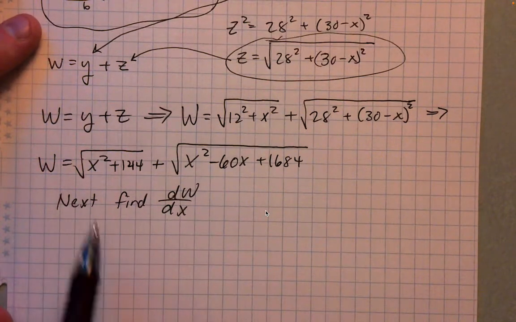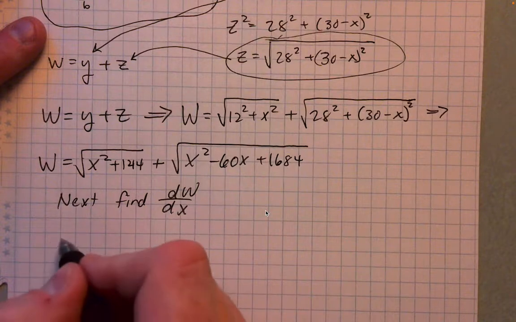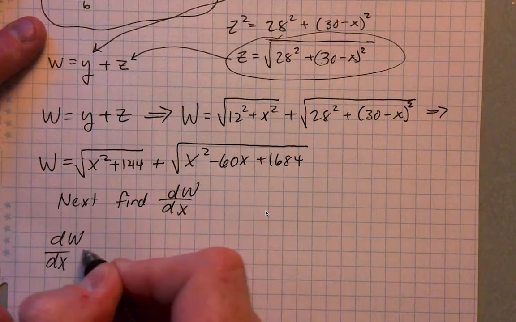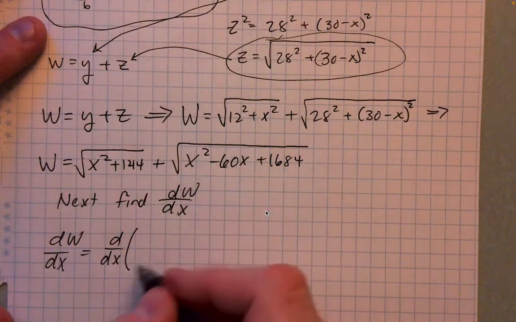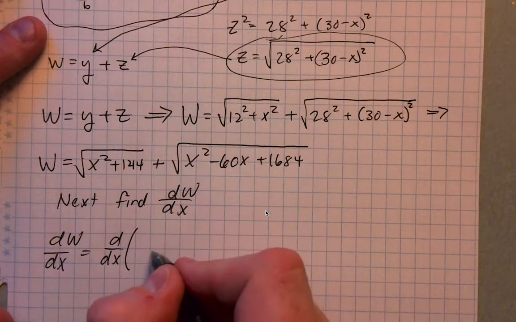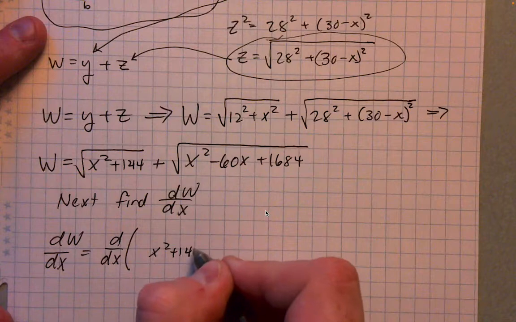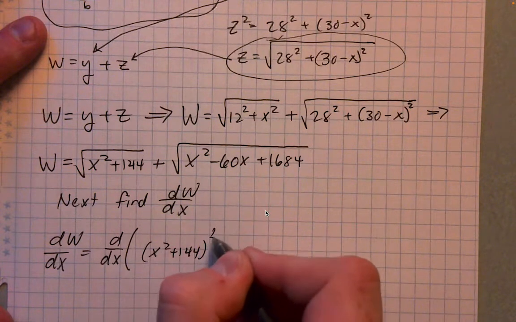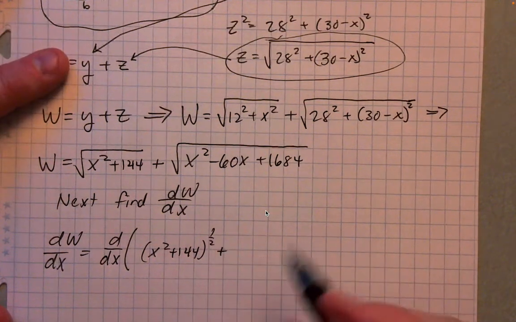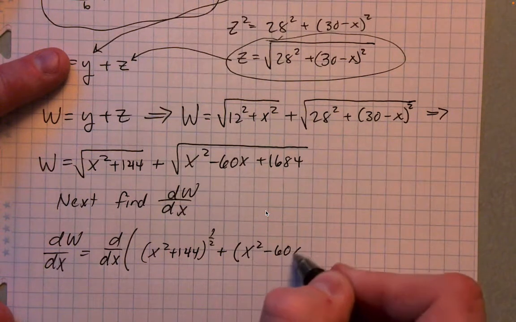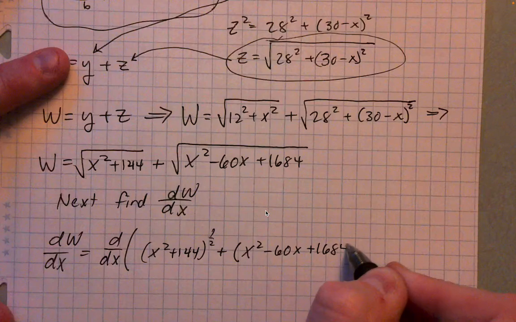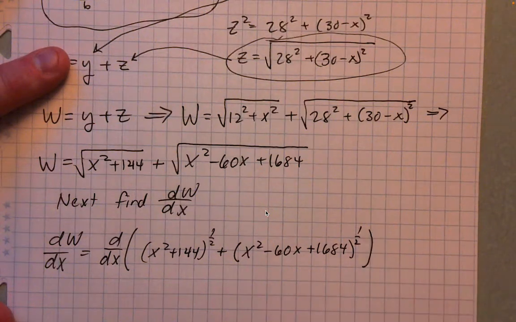So dw/dx is going to be equal to d/dx of this here, and I'm going to write it like this, which just makes the differentiation a little more obvious: x squared minus 60x plus 1684 to the 1/2 power.